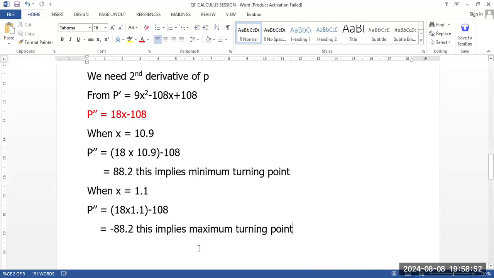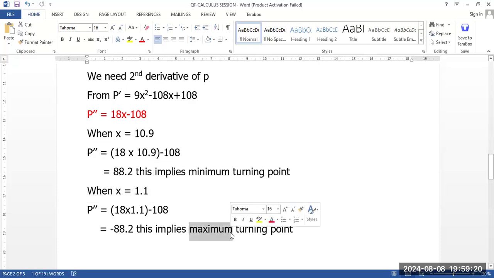So once you confirm that, you ask yourself, are you focusing on minimizing or maximizing? If you're focusing on maximizing, then the value of x that will help you to maximize is this value, because it gives you the maximum turning point.